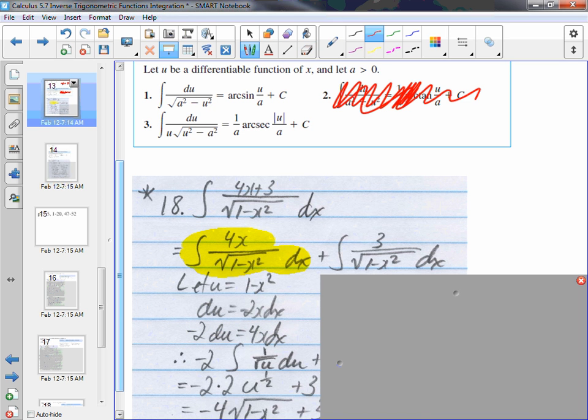And then we can rewrite our integral. Okay? We've got the integral of, and in the denominator, instead of that being the square root of 1 minus x squared, it's just the square root of u. So we took care of that. Now we've got to replace the 4x dx. All right? And what does 4x dx get replaced by?